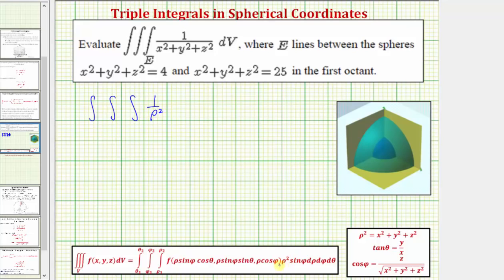And then we have the integrating factor of rho squared sine phi, and then we have d rho d phi d theta, and we're integrating over the region E. So before we determine the limits of integration for rho, phi, and theta though, let's simplify the integrand function. Notice how this simplifies nicely to just sine phi.